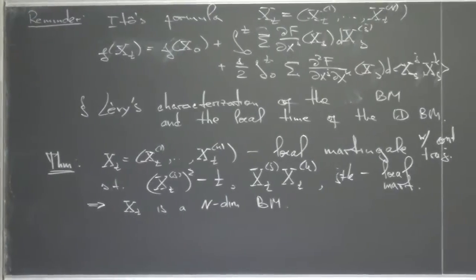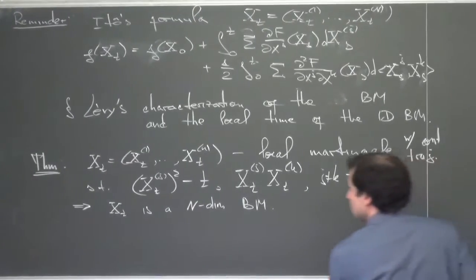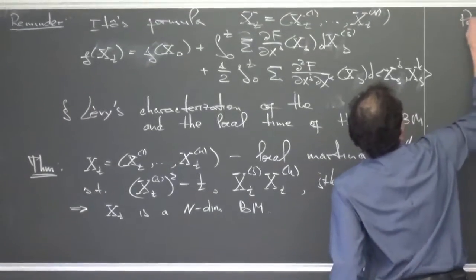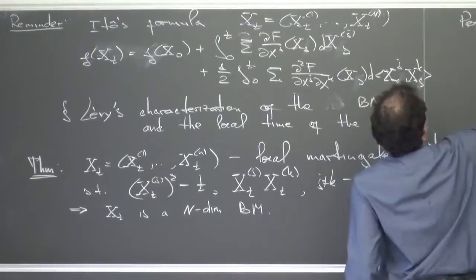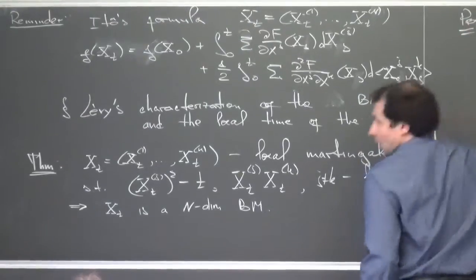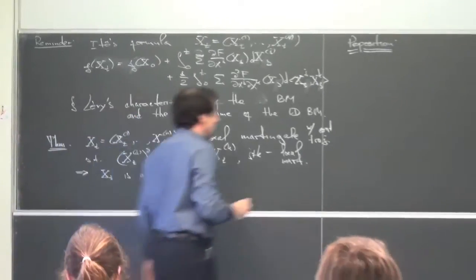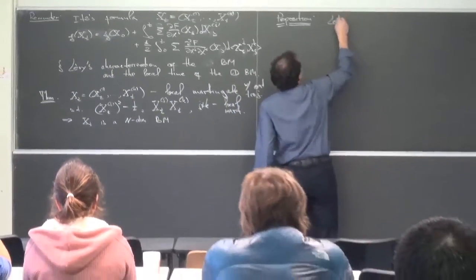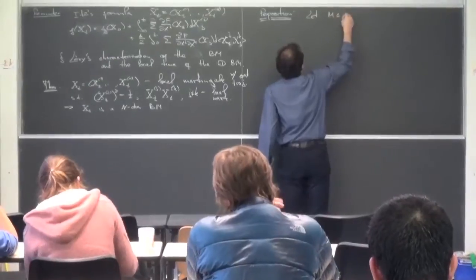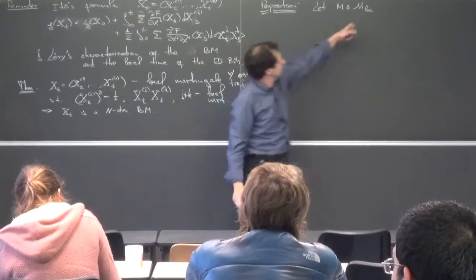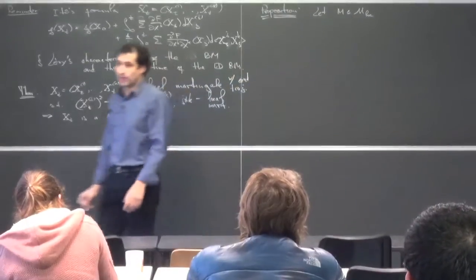Okay, so before giving a proof, let me start with a proposition. What's that about? It's just a computation, basically. Remember also we had this notation for the class of local martingales.